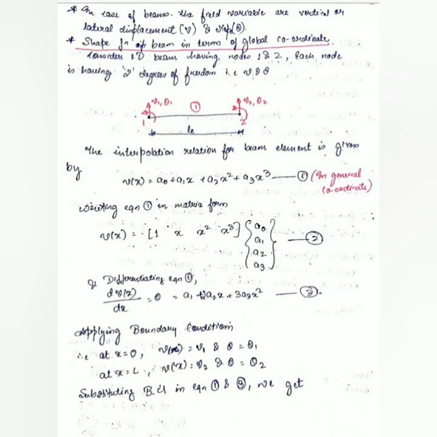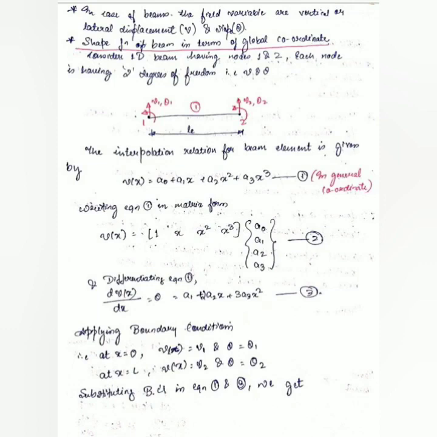So here the interpolation relation for this beam element is given by V of x equals a0 plus a1x plus a2x square plus a3x cube. This is equation number 1. You know how to write this by using Pascal's triangle. We already discussed that.